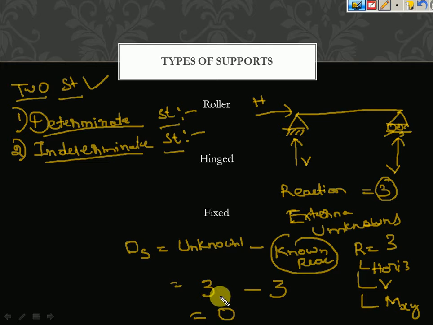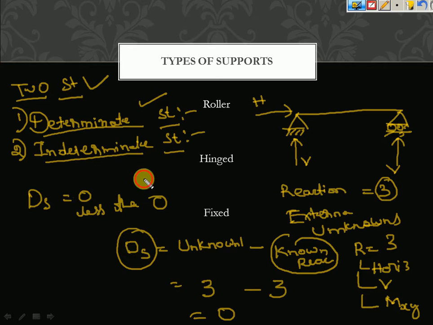So this can be called a determinate structure. If the degree of static determinacy is 0 or less than 0, then it is called a determinate structure. If the value of Ds is greater than 0, then it is called an indeterminate structure.